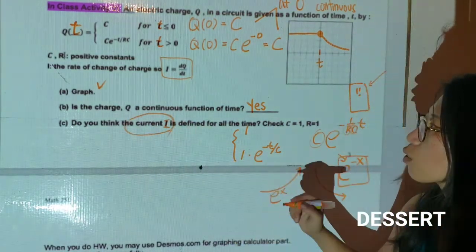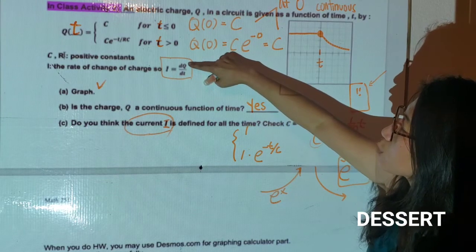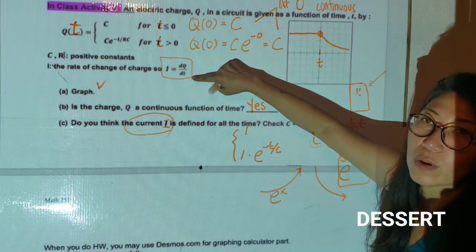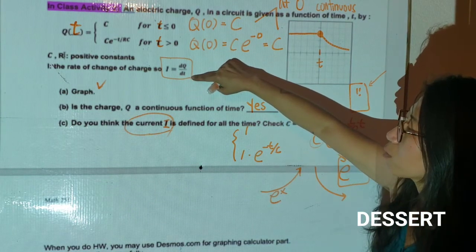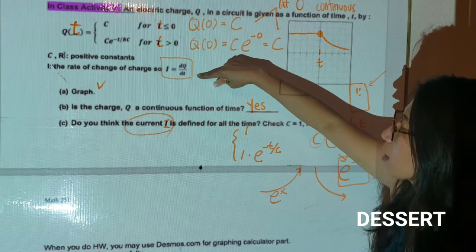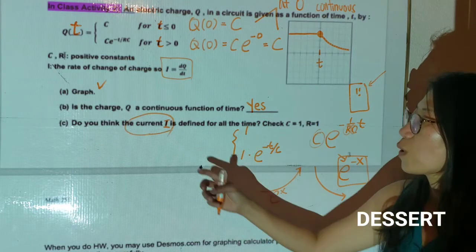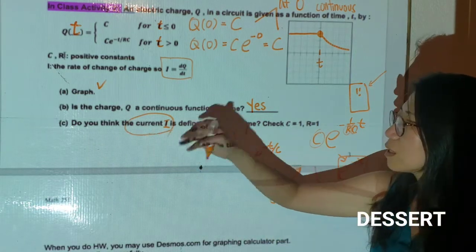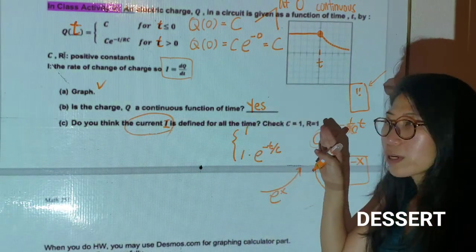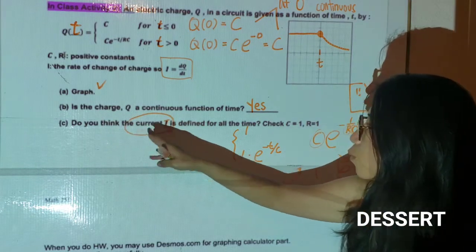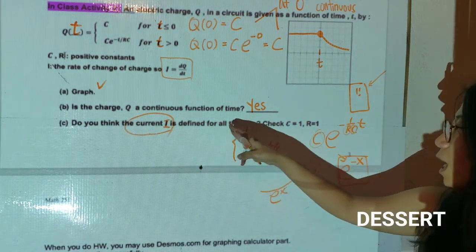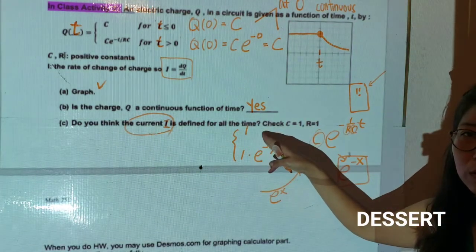We say current is actually electric charge over time. That's what current is. So that's how much electric charge is going to transfer per time. That is what we call a current. That means they just put it the hard way, but basically, do you think the rate of change is defined at all times? That's what they're asking.